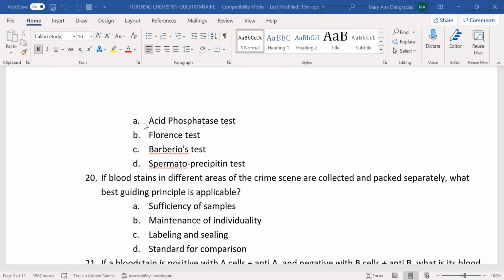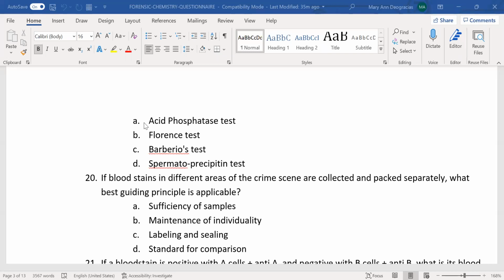Spermine picrate yan. Crystals ang lumalabas dyan sa letter B and letter C. Spermatoprecipitin is to detect whether it is human or animal semen. So, ang sagot is letter A, acid phosphatase test.